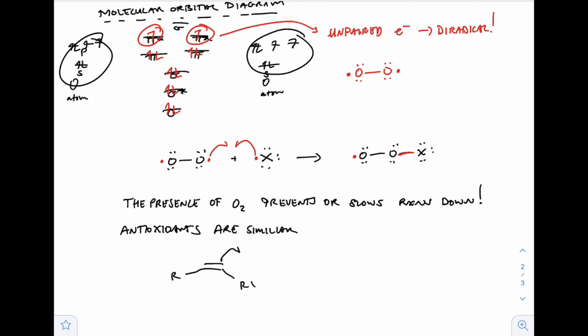So if we actually put this diradical oxygen in the presence of vitamin E, or maybe oils, like I said, olive oil will spoil. So oxygen, again the diradical, will react with the pi bonds in the fats of oil, and you form this new radical species right here.